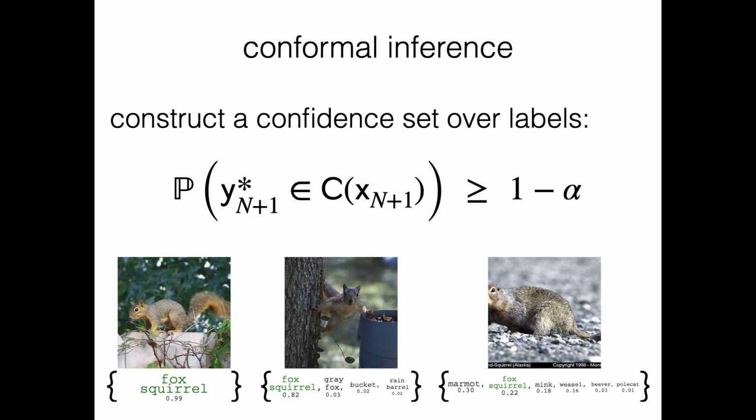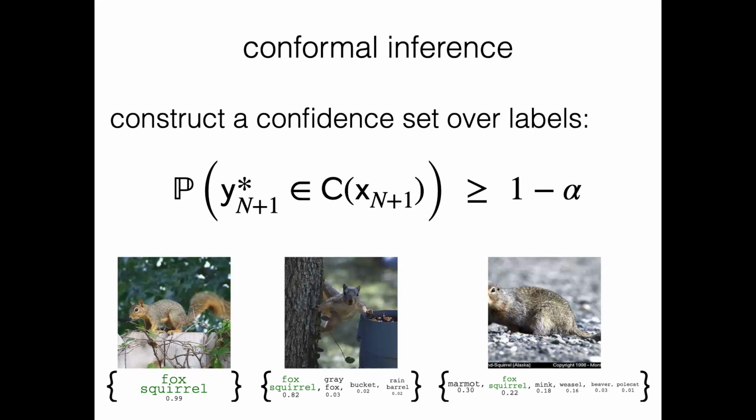But say we get a different image, this one having a squirrel that's perched between this tree and this bucket, right? It's not as well lit. It's more in the background. We can't tell what type of squirrel it is. And ImageNet has different classes here. So you might say, okay, I still think it's this fox squirrel with 80% chance, but I might also think it's a gray fox or a bucket or a rain barrel.